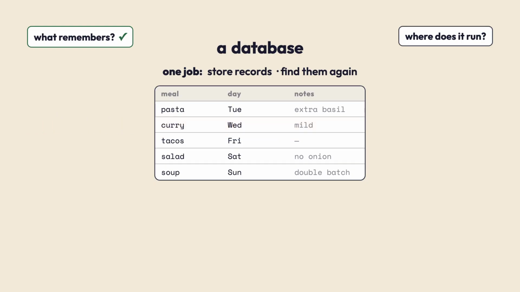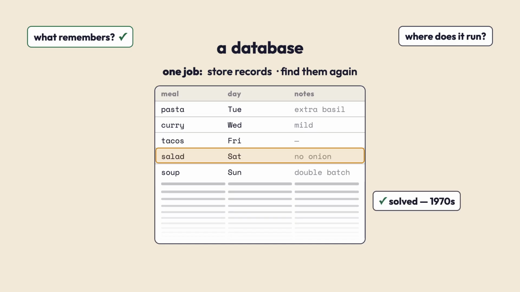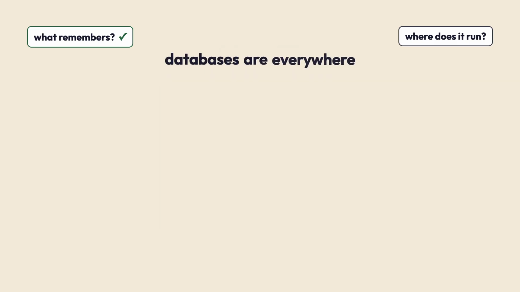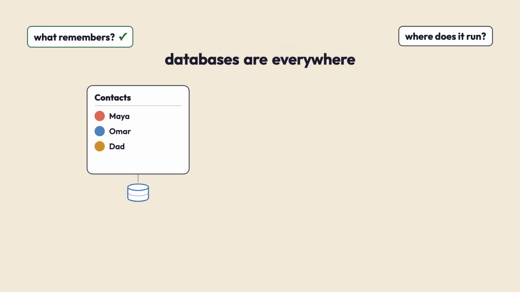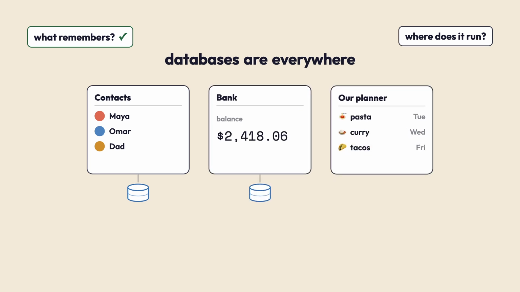Finding things fast, even among millions of records, is the reason databases exist, and it's a problem programmers solved decades ago. Databases are everywhere. Your phone's contacts are in one, your bank balance is in one, and every plan in our planner will be in one too.